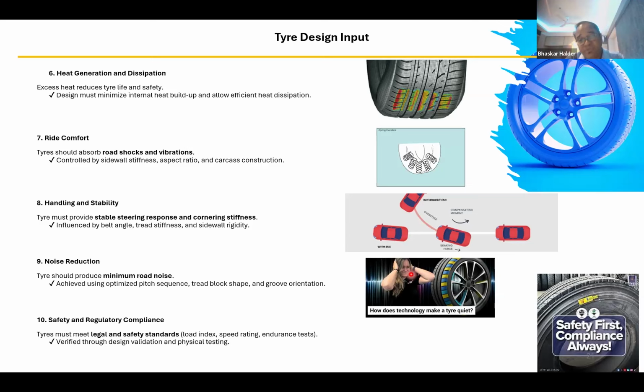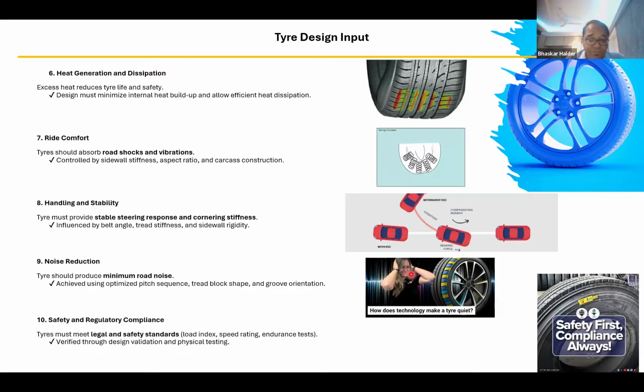Previously, in the case of bias technology, you could not run the tires for more than some 60-70 kilometer stretch; we had to stop, cool the tire, and run the vehicle again. Nowadays, with the advancement of technology, heat generation is not a very big concern. But while designing any tire, we have to design a compound that generates less heat to avoid any heat failures.